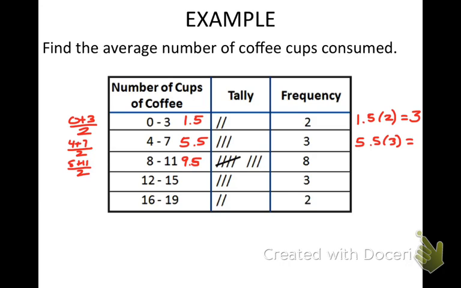So then we would take 9.5 times 8, and so forth. The next midpoint would be 13.5, and then 17.5. So then you would find your products, and then what would you do with these numbers? Add them and then divide by 5. Does anybody actually need me to do it?